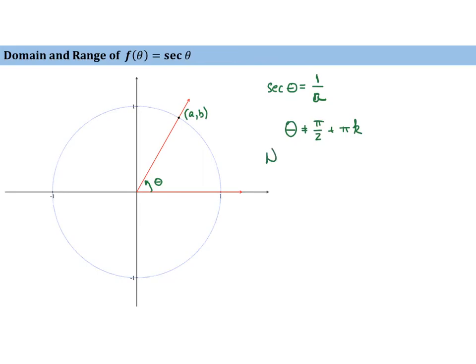So the domain would consist of all theta where theta is a real number and theta does not equal pi over 2 plus pi k for integer k.